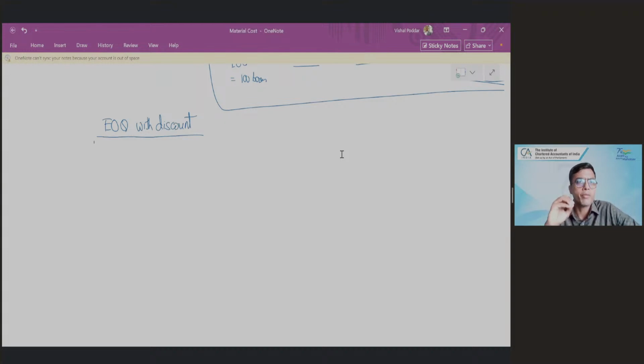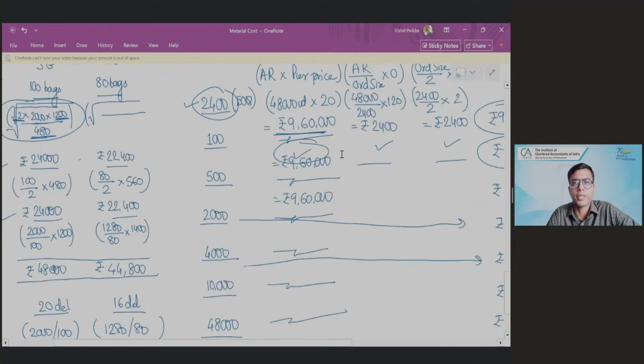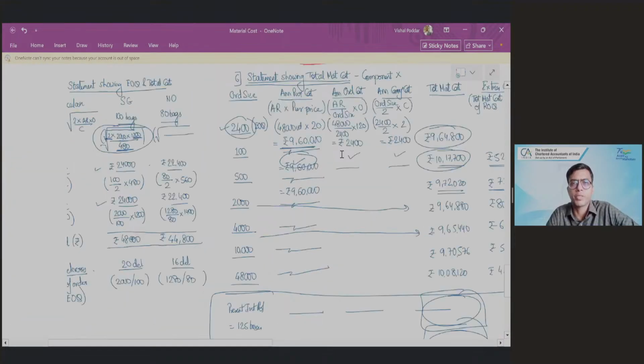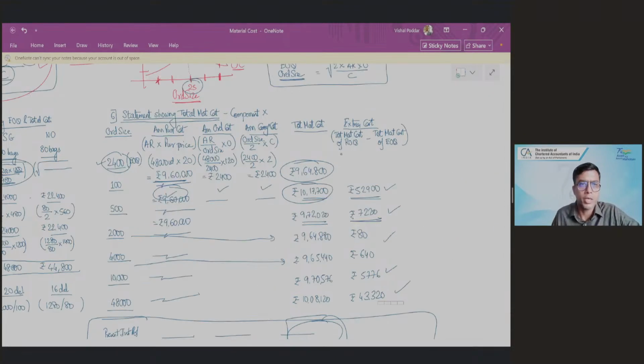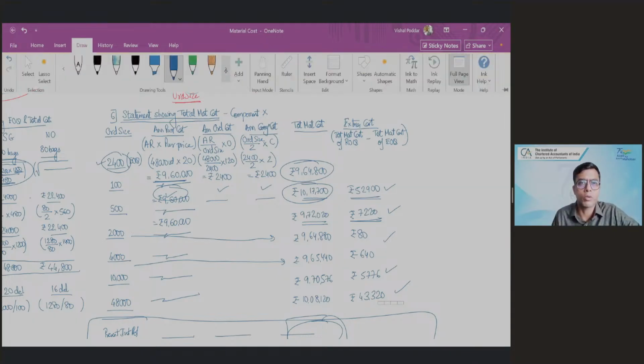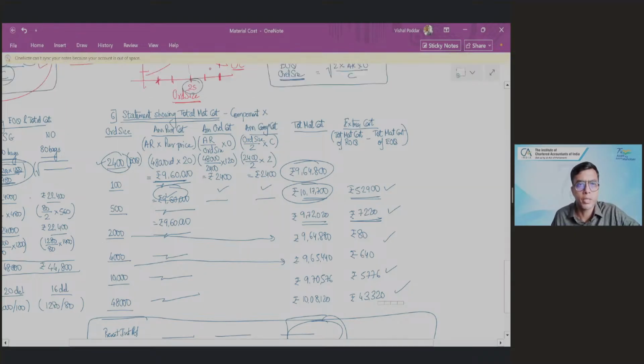So whenever you are having a discount, now what will happen? Understand this with this example, which is our basic example of comparison. Now your question will be giving you some discount component. Now, if there is going to be a discount, we all can understand one thing, that the discount will be in the purchase price.